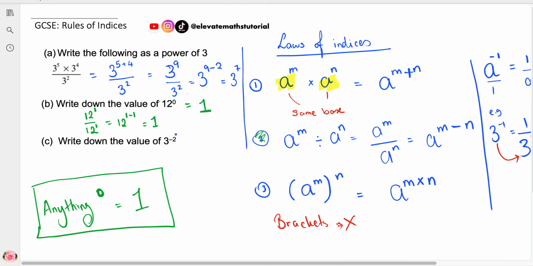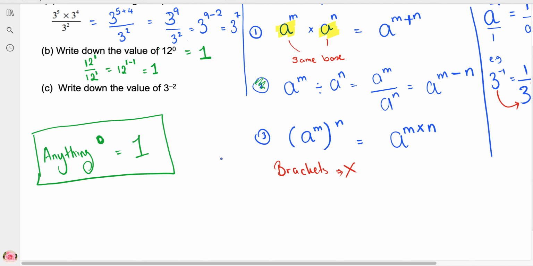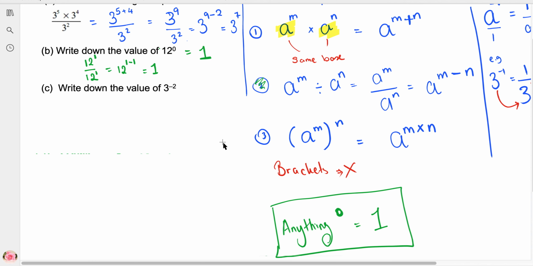Now this one, I would say is a bit of an advanced rules of indices question: 3 to the power of minus 2. We looked at what happens when we have minus 1, but what happens when we have minus 2? Anything to the power of a minus expression, we bring that term down exactly as we did for minus 1, but always remember the power stays on, just that it's positive.